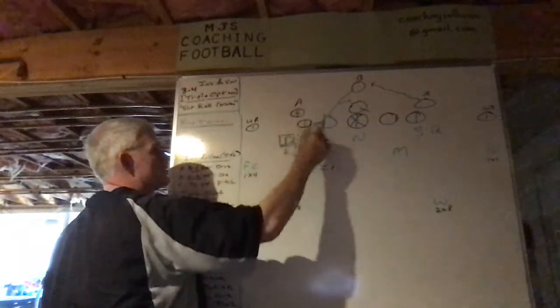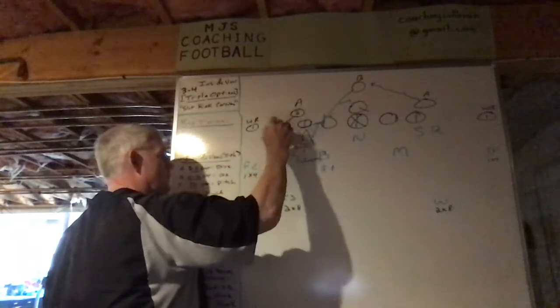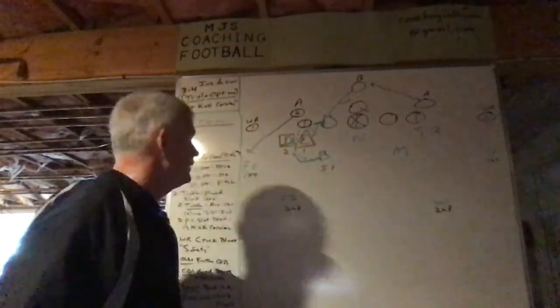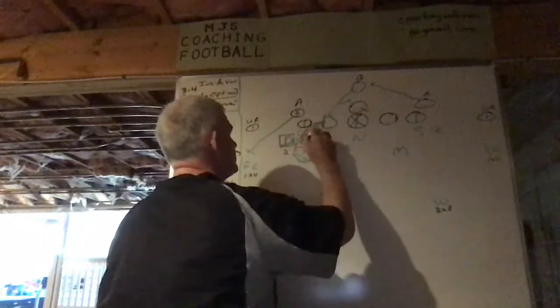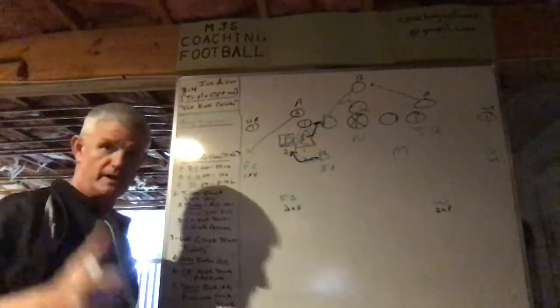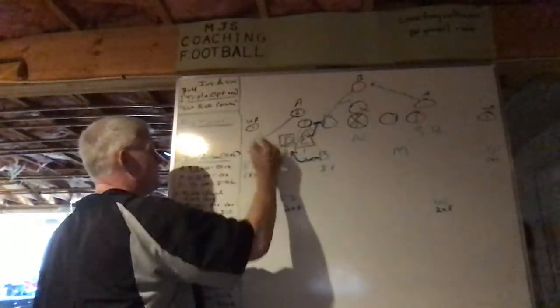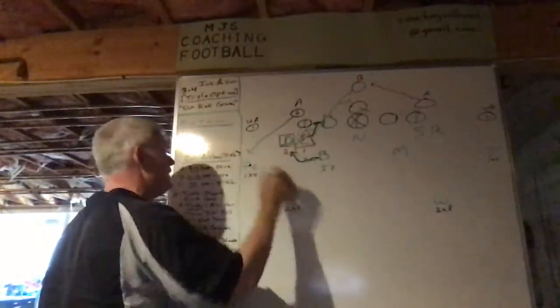Okay, so we're going to skip the outside linebacker for a minute. Okay, and I forgot to do this in black. My bad. So, right? There we go. My apologies. So now, right, we get this screaming crack, screaming crack.